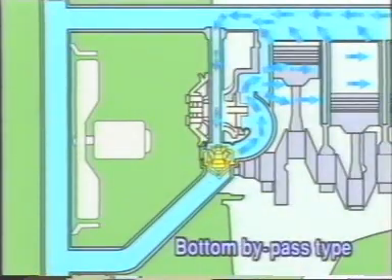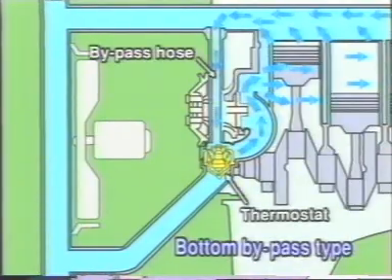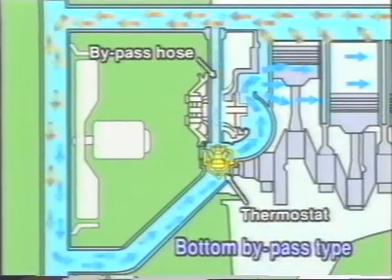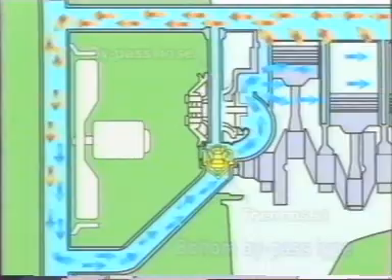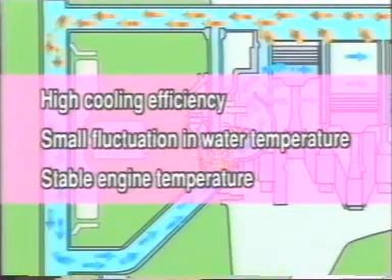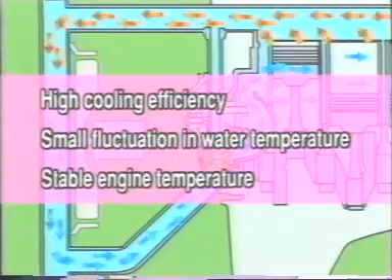In the bottom bypass type, the thermostat is installed on the coolant inlet side and has a bypass valve. When the thermostat opens, the valve closes the bypass. Compared with the inline bypass type, the bottom bypass type has greater cooling efficiency and less fluctuation in coolant temperature, and therefore achieves more stable engine temperature.